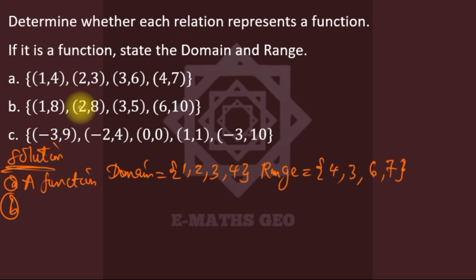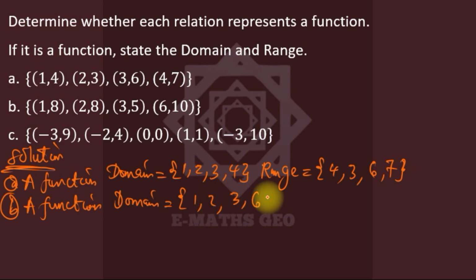So let's look at this one. 1, the image is 8. 2, the image is also 8, which is possible because they can have the same image but different domain elements. So this is a function whose domain is the set of 1, 2, 3, and 6.